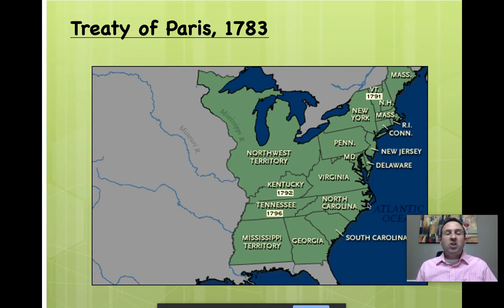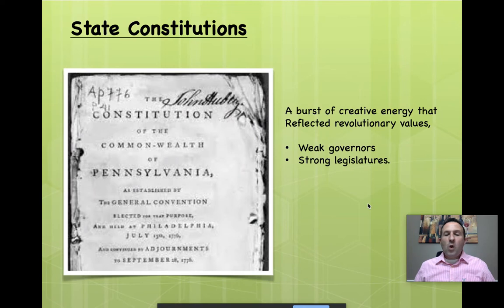And so during the 1770s, early 1780s, states were taking this burst of creative energy, infused and reflecting those revolutionary values, and began to experiment by, first of all, this radical idea of having a written constitution that made the government responsive to the people rather than the other way around.